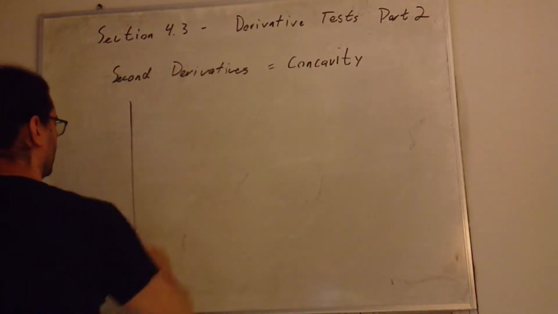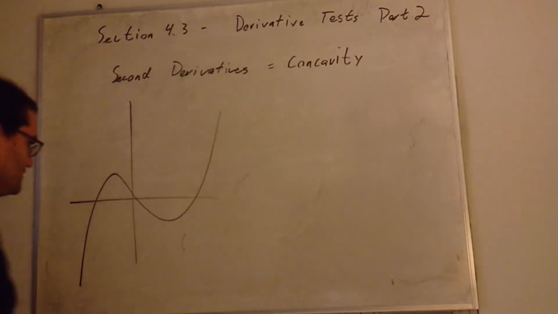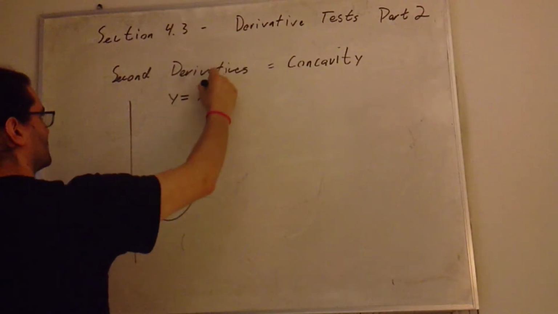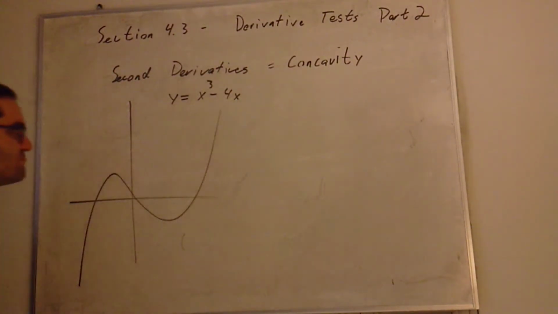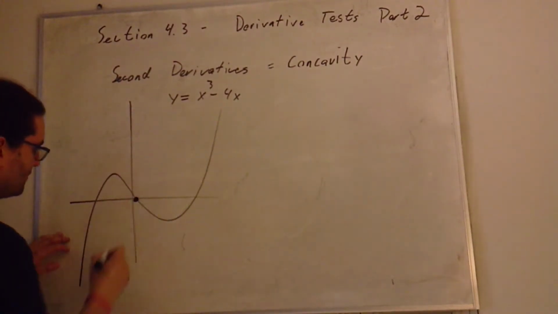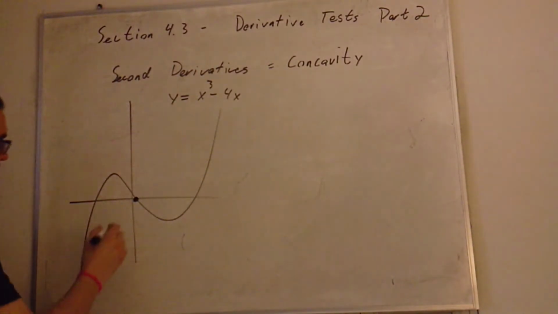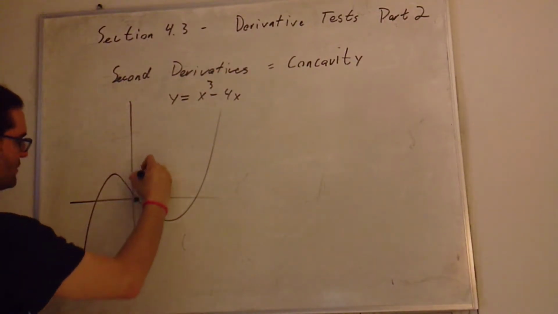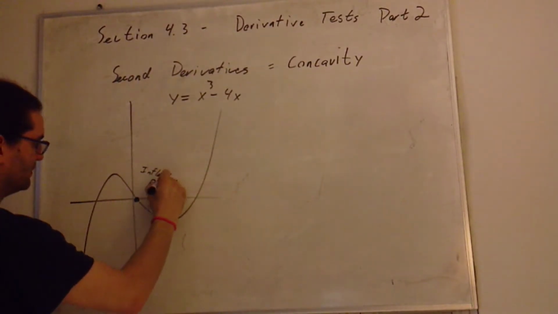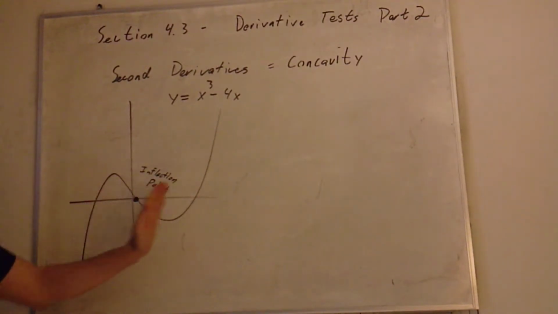So if we look at a standard issue cubic, this is probably something like y equals x cubed minus 4x or something. This point right here, which should be at the origin if I was drawing more carefully, is called the inflection point. This is where the concavity changes.